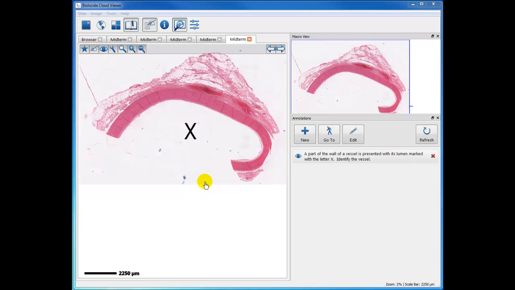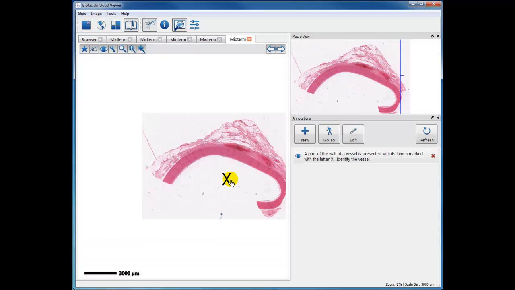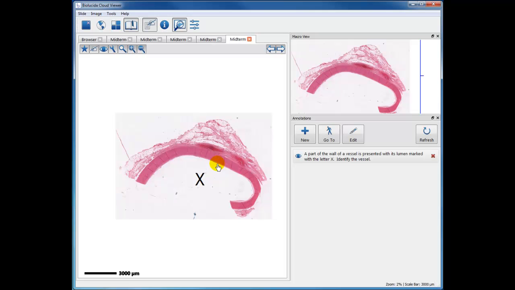Okay, here's another one. First of all, I click on this and click on Go To. Now I'm going to reset this one because it's jumping up too high. But anyway, if this happens to you, you just simply zoom out like this, and you've got to examine.